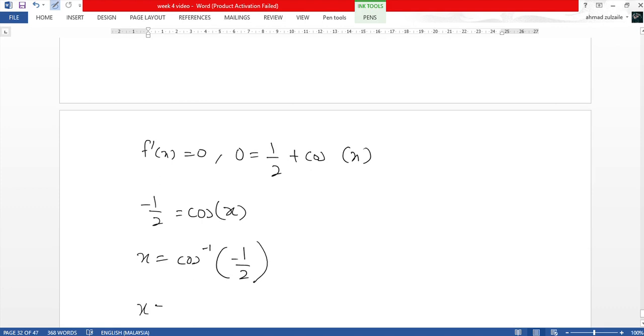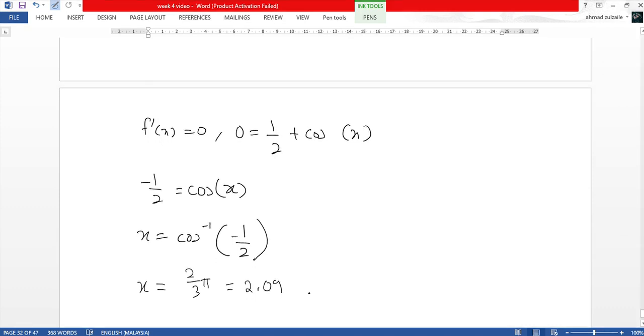So if you press your calculator, you will have over here 2/3 pi. If you're not interested in using the pi, you can use decimal, which is 2.09. But the calculator should be in the radian mode. Okay, now you have your x, but the question asks to find the coordinate.